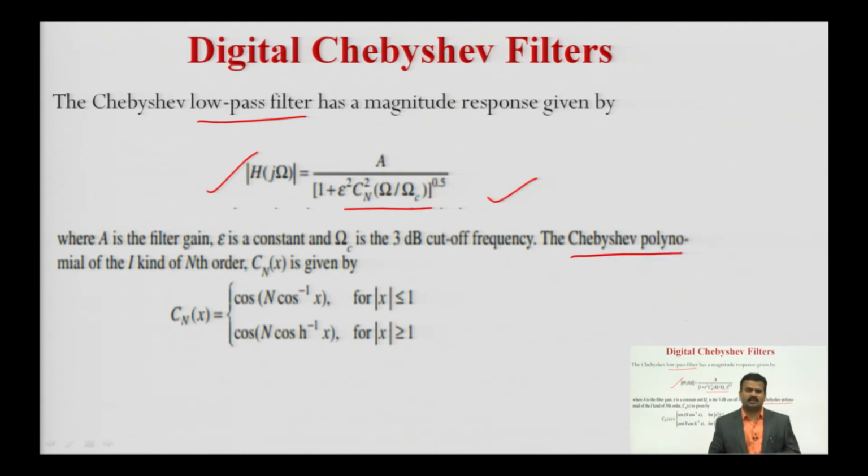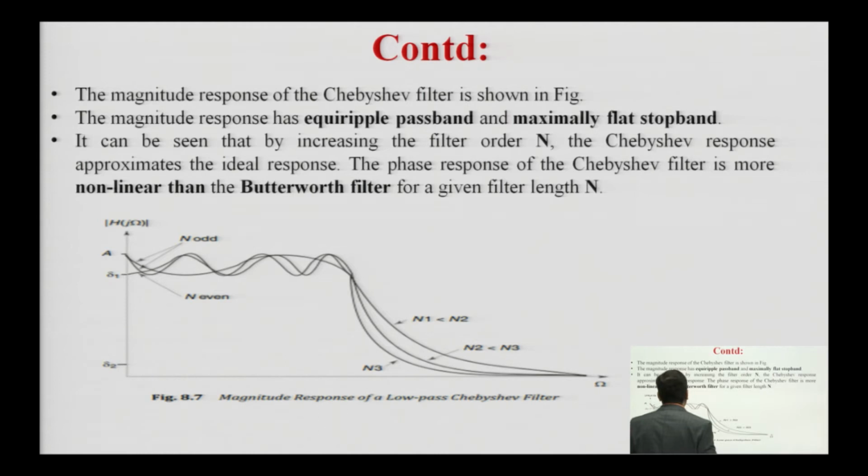I hope you studied this in mathematics. So, C_n(x) is the Chebyshev polynomial, and as per the value of this mathematical condition, you can give this one. The magnitude response of the Chebyshev filter is given in figure number 1.